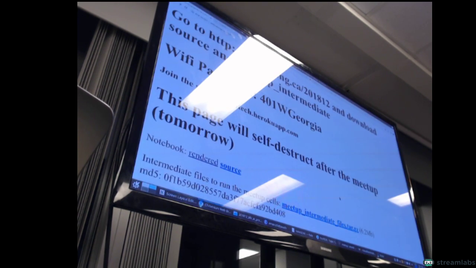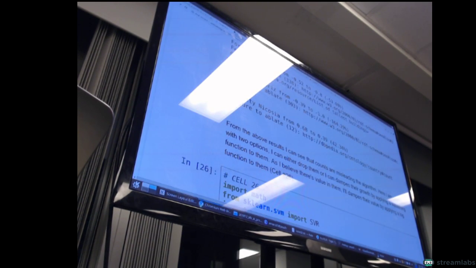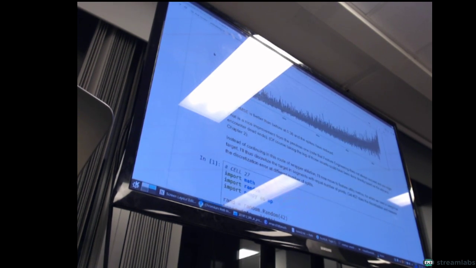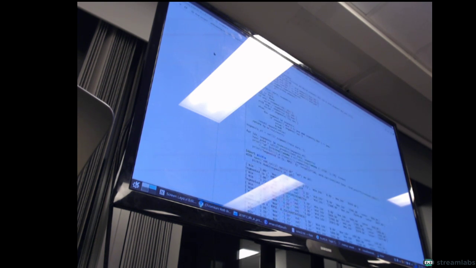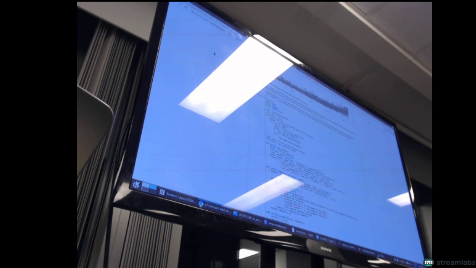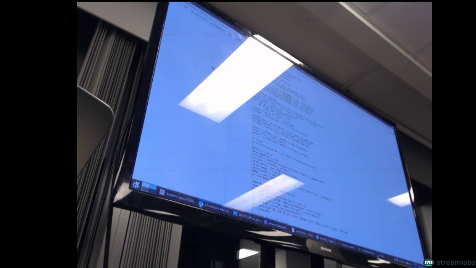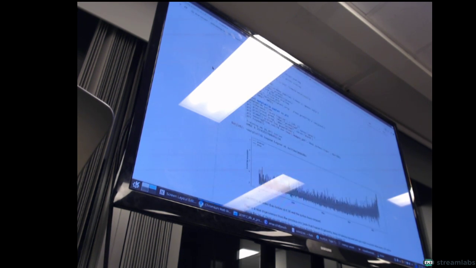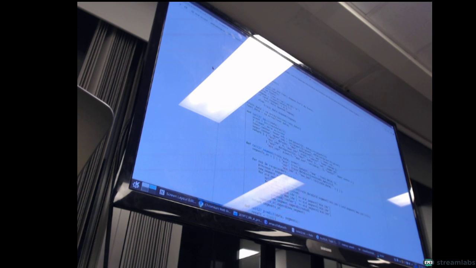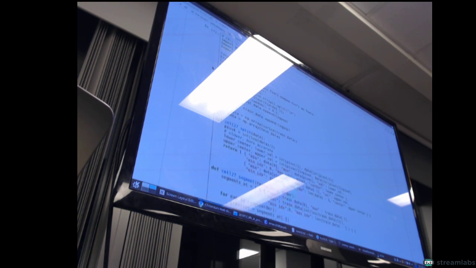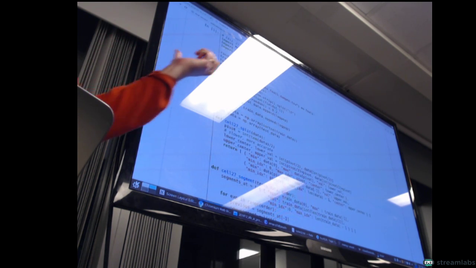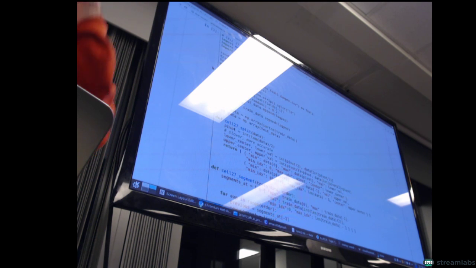And now we go here. So the way I have structured this code is so that each of the cells can be run independently.